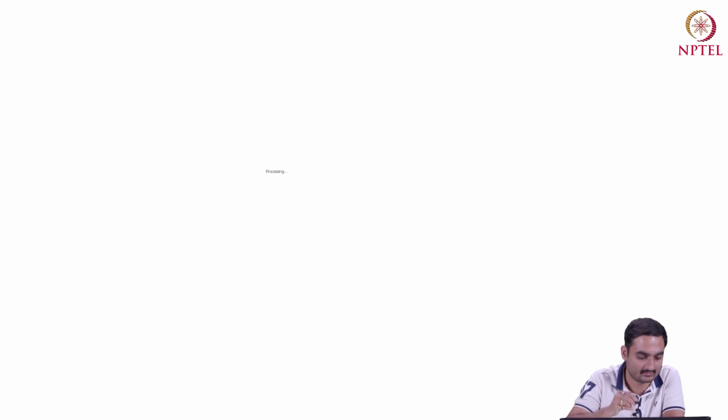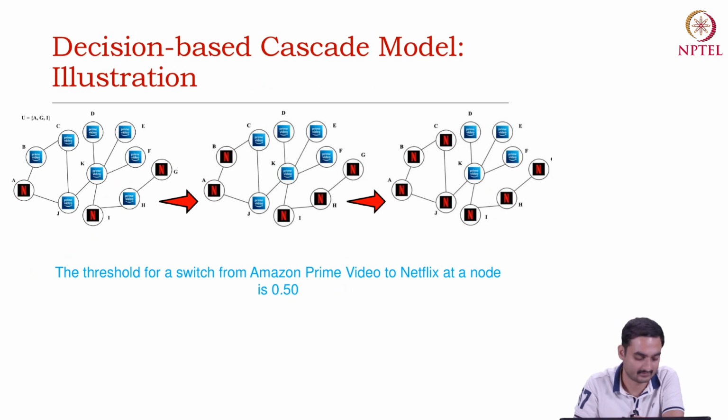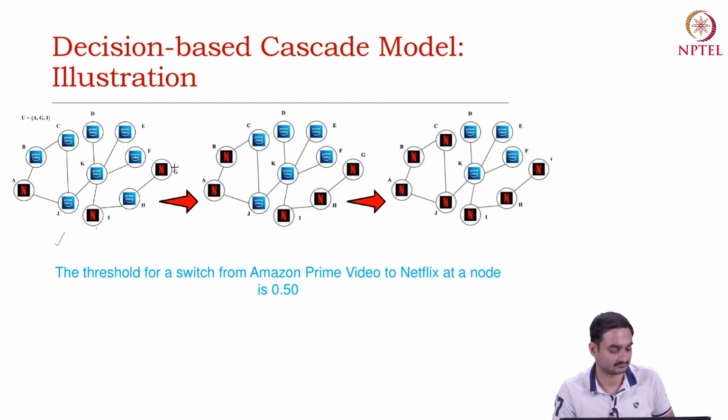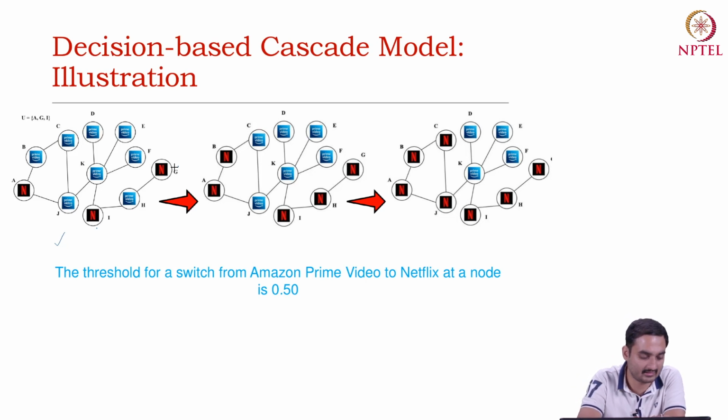Okay, let's look at this example. So in this figure, I and G are kind of showing hard-core behavior, and they have already adopted Netflix, right? And the remaining users have adopted Amazon Prime, right?